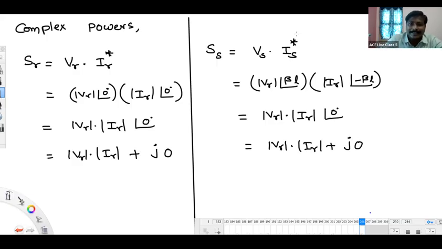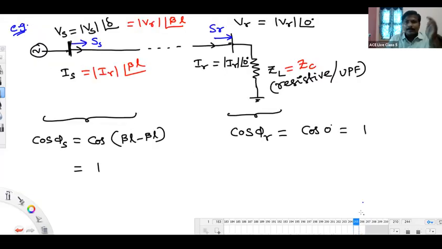SR and SS values are exactly equal. This means the sending end side complex power and the receiving end side complex power are exactly the same.